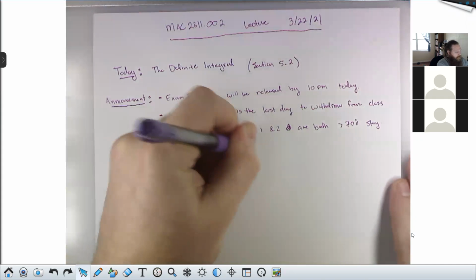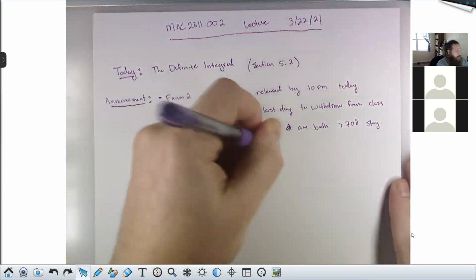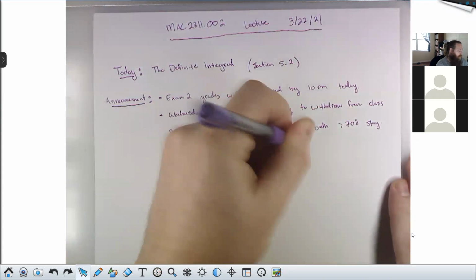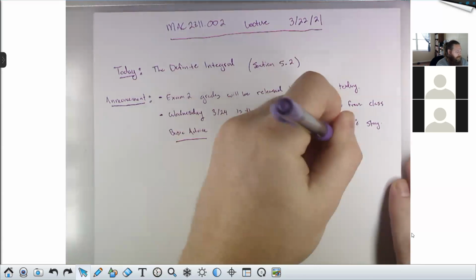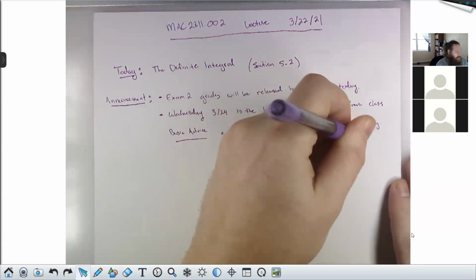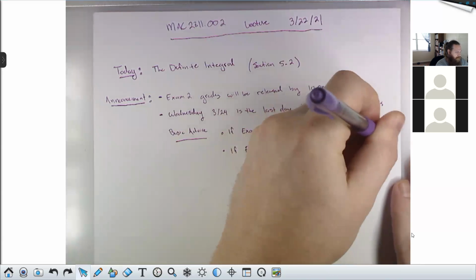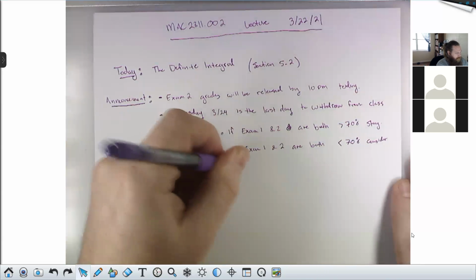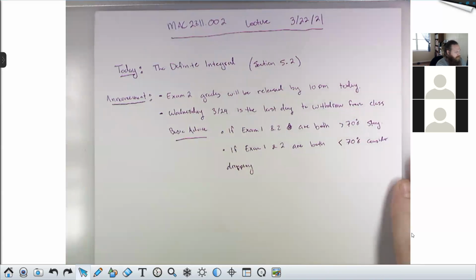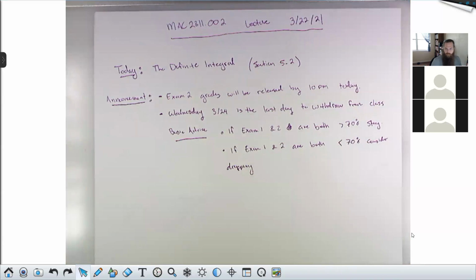If exams 1 and 2 are both less than 70%, you should probably consider the drop. There's some leeway here. You could replace 70% with 60%. It kind of depends on what your goals for the class are. If you're in a position where you need a C or better in the class, which I think is the case for most people, then I would use 70% as the cutoff here because that's the obvious thing to do. That's the cutoff for a C.